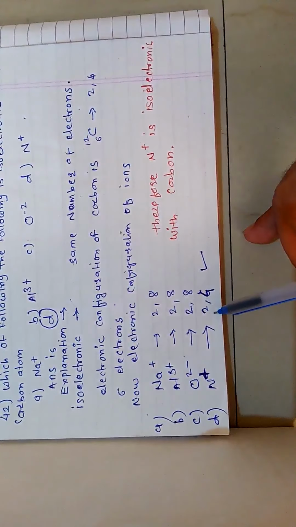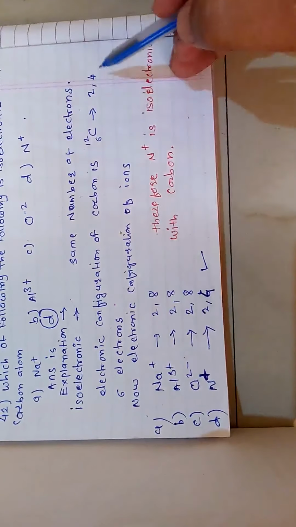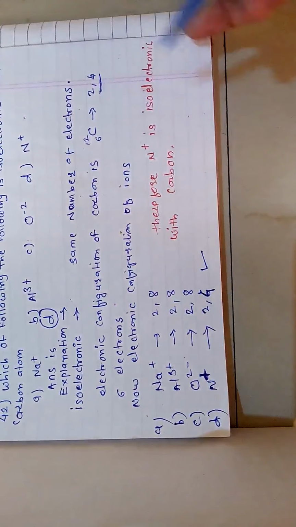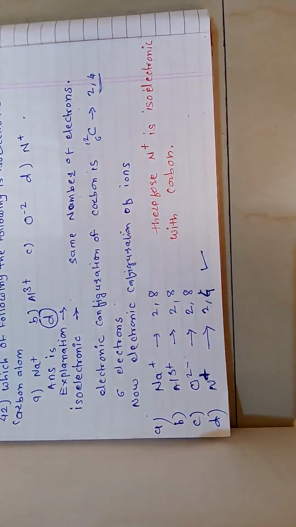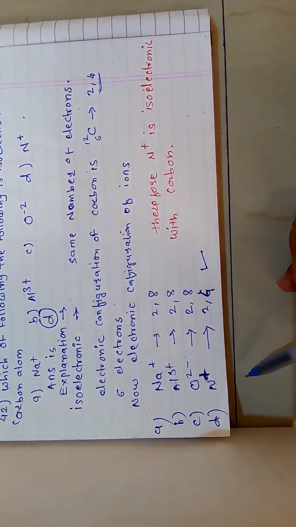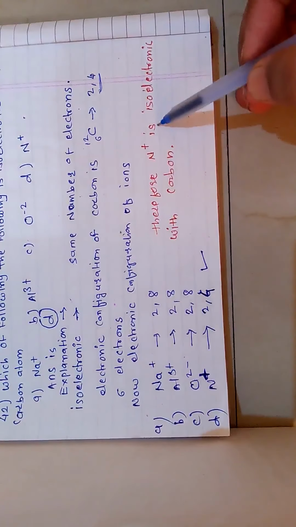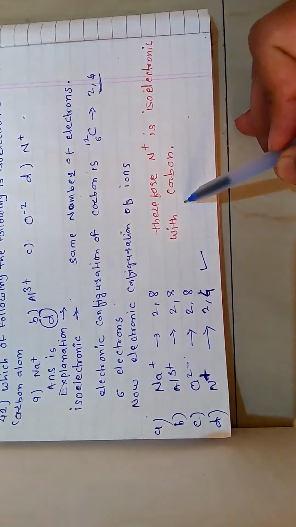So this electronic configuration and this electronic configuration is same, and therefore the correct option is D, and hence nitrogen plus is isoelectronic with carbon.